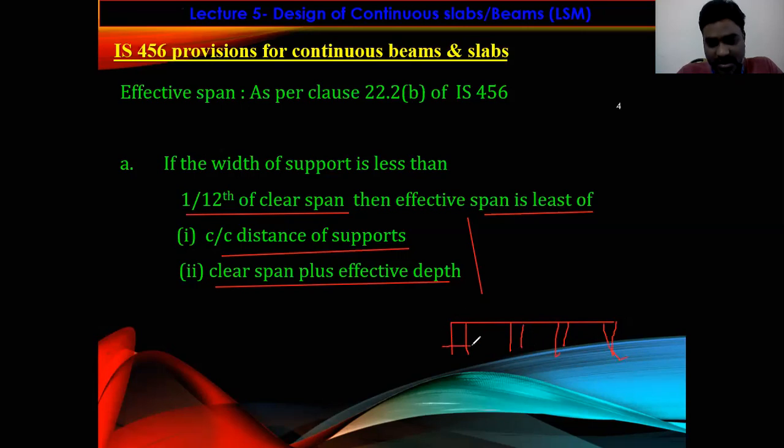This is the width of the support. So if this width of the support is less than 1/12 of the clear span, where clear span means the inner to inner distance between the supports, this is called the clear span, and this is the width of the support.